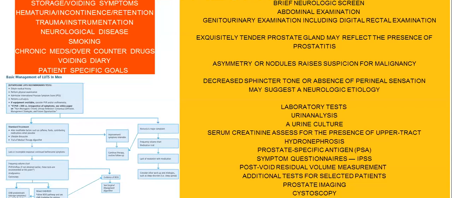Moving on to the evaluation of BPE. Evaluation should always include a detailed medical history and a focused physical exam, a brief neurological screen, abdominal examination, and genitourinary examination, and always a digital rectal examination. And sometimes we can add a number of small laboratory tests to that. For our evaluation, we should also define the specific goals for the patient.